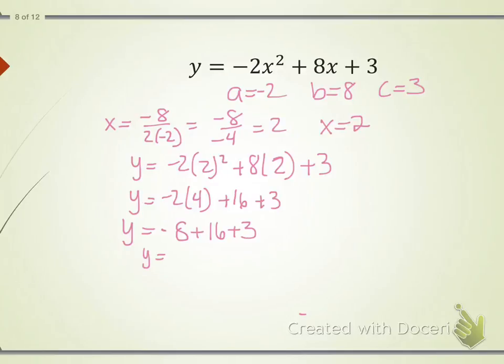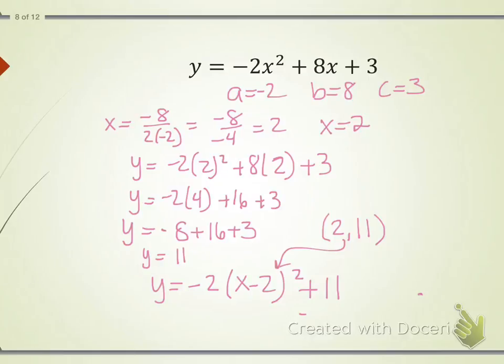Negative 8 plus 16 is 8. 8 plus 3 is 11. So my vertex this time is 2, 11. So I got y equals my a value, which was negative 2, x minus 2 squared plus 11. Remember, whenever we put our h value in, it's always the opposite of what we think.